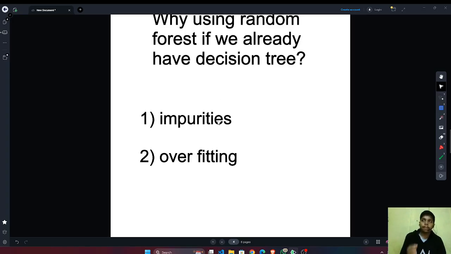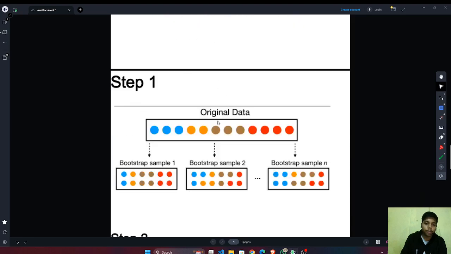For overfitting, as I told, random forest uses multiple decision trees. When we make multiple decision trees, we take multiple data sets of a single data set. I mean, we take variations in random order of one particular data set. We will understand more about it in the next topic.